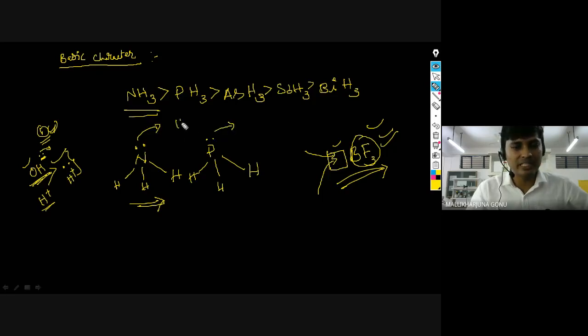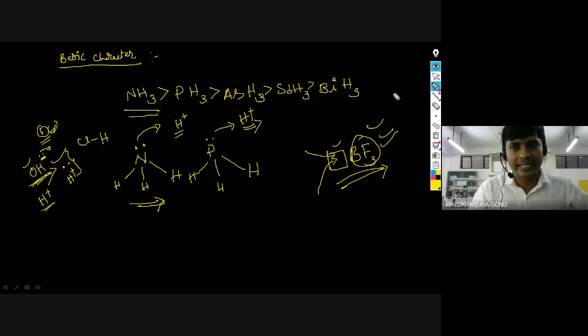Why? For example, H plus is there. Now, which one can abstract this proton easily, nitrogen or phosphorus? Vidisha, which one can take this H plus easily? For example, a compound of HCl is there.